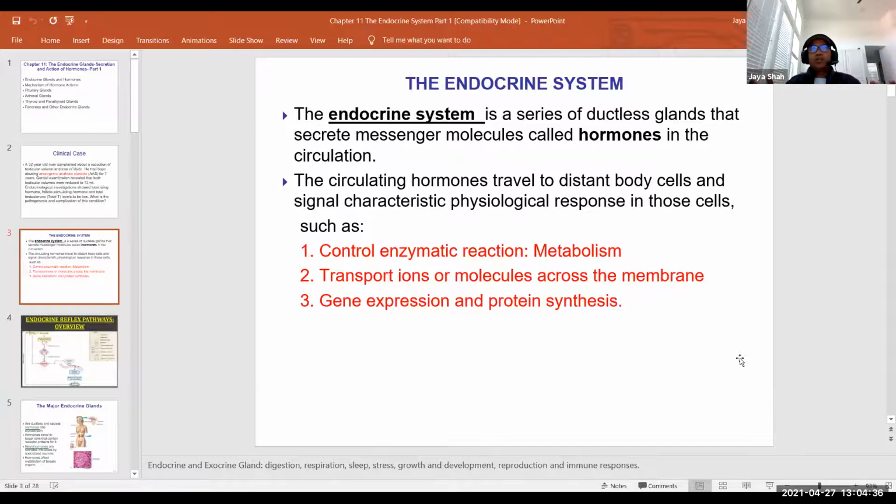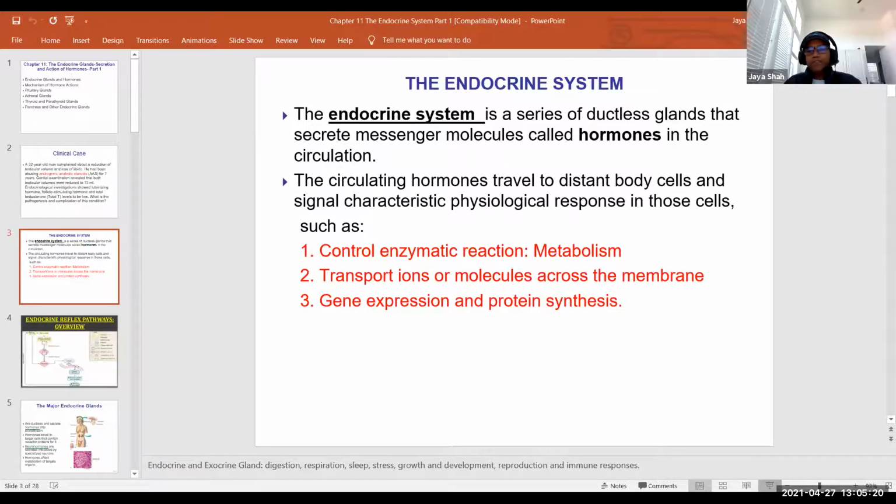Like normal blood pressure, normal heart rate, normal sodium level, normal calcium, normal magnesium, normal insulin level, normal glucose level, how all these normal parameters of our body are maintained within a normal range, because there are two systems mainly working in the body. So the nervous system, the neurotransmitter, and the endocrine system, the hormones. So the neurotransmitter and the hormones maintain our homeostasis of the body. Clear?